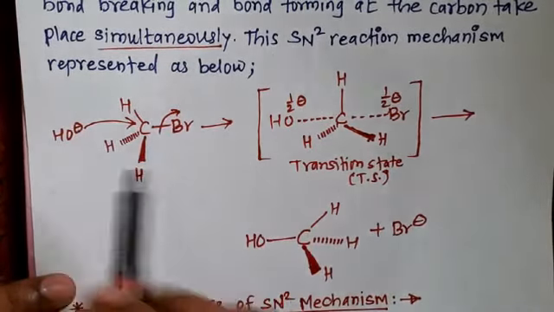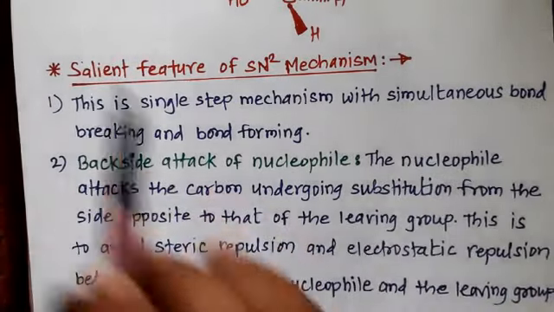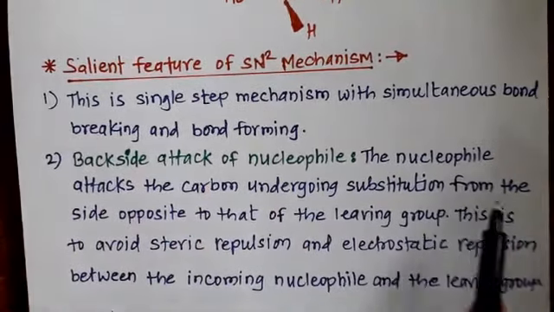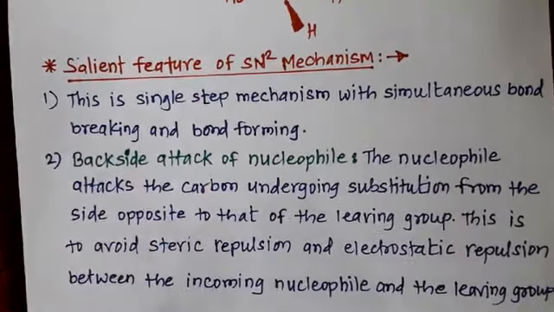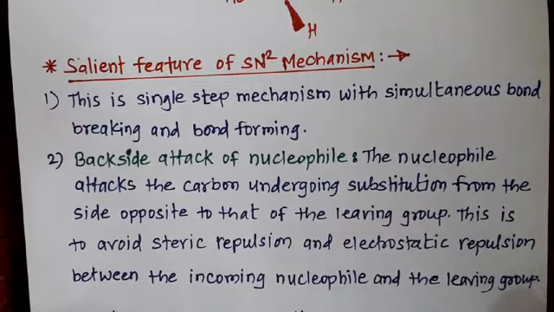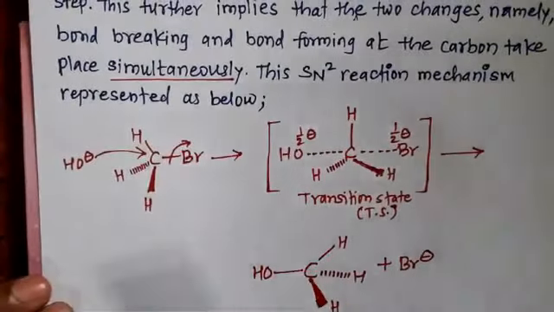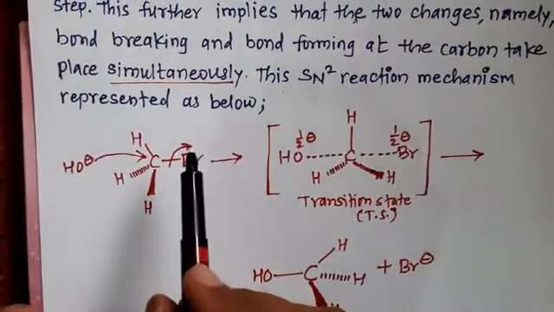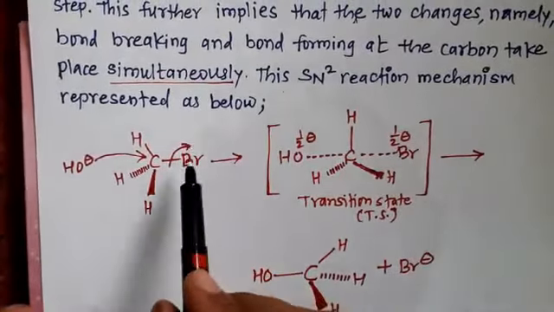The nucleophile attacks the carbon undergoing substitution from the side opposite to that of the leaving group, that is Br minus. Here Br minus is a leaving group. This avoids steric repulsion and electrostatic repulsion between incoming nucleophile and leaving group, because I already told that there is no extra space for the attack of OH minus in front of Br minus.